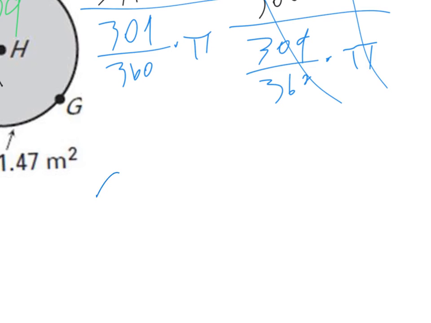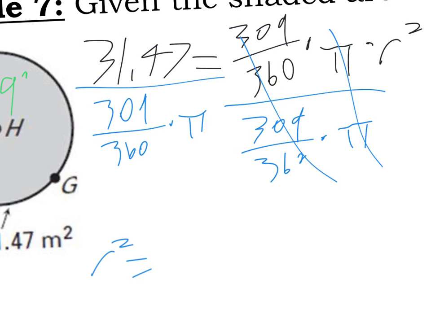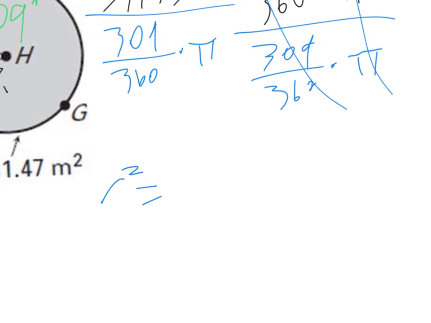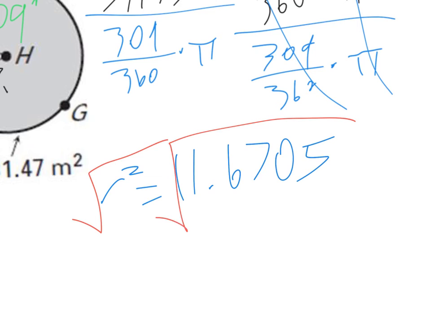So you're going to get r squared equals 11.6705. So if r squared equals that, then the square root of that is my answer for the radius. So you can do the square root of, and if you type in ans, that's the answer. That way you're not rounding it in the calculator.